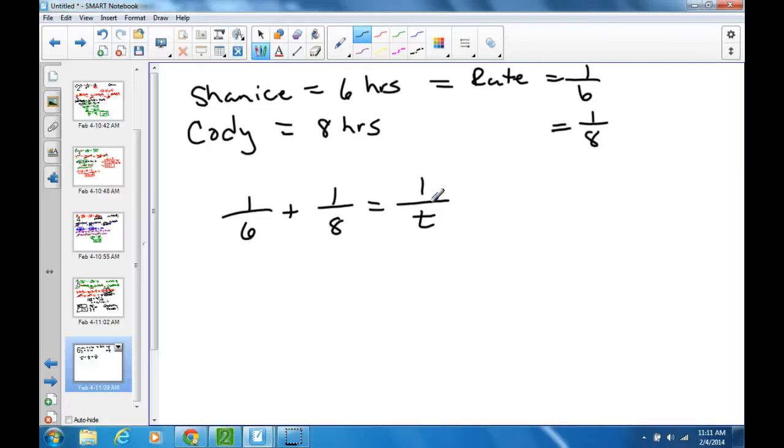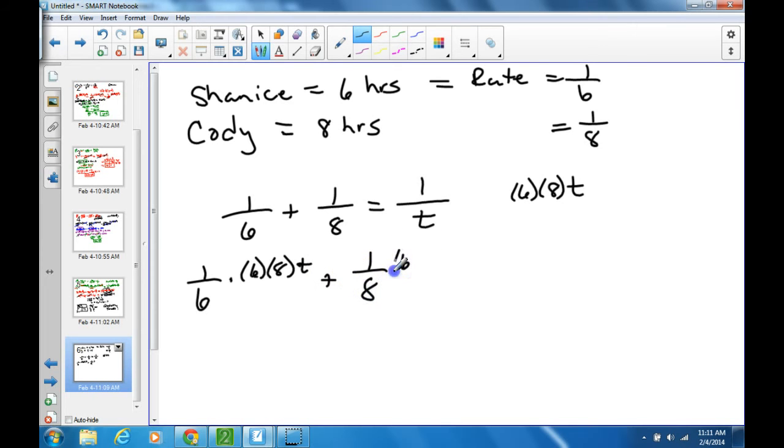Okay, so this is how you set it up. What is my common denominator in this case? Yep, or the other way you could say this is I'm going to take a 6, an 8, and a t, right? I'm going to multiply it all by that. So if I take the first one times a 6, an 8, and a t, do the same thing for the second, a 6, an 8, and a t, and the same thing for the last.